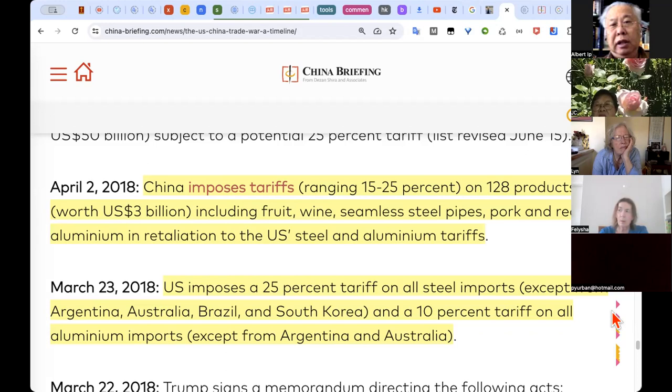So it is a targeted retaliation. They want to target the voters for Trump. But unfortunately, it doesn't work because after all, this trade war is not a party issue. It's a U.S. issue. It's a systemic problem of the current global geopolitical situation.